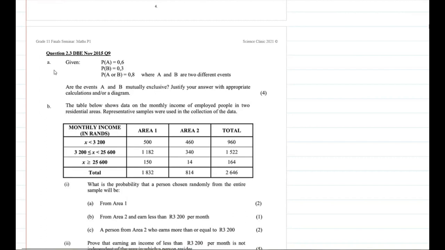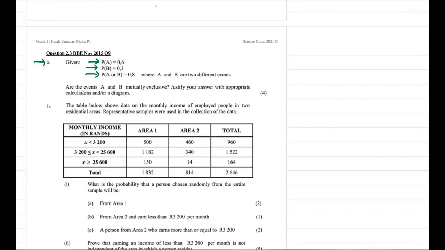Okay, so let's do this first question. I'm going to start off slow. Let's say, given the probability of A is equal to 0.6, the probability of B is 0.3, the probability of A or B is 0.8, where A and B are 2 different events.